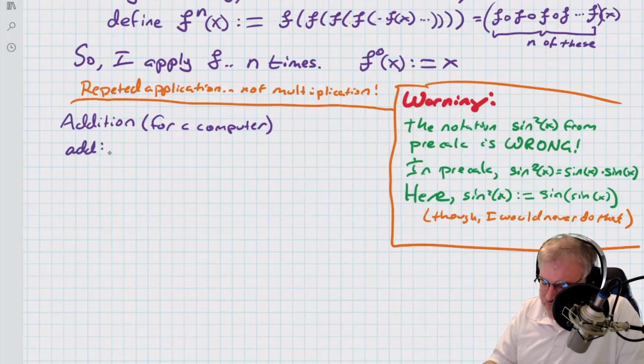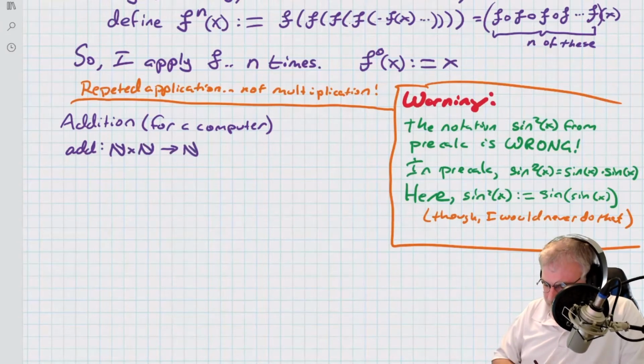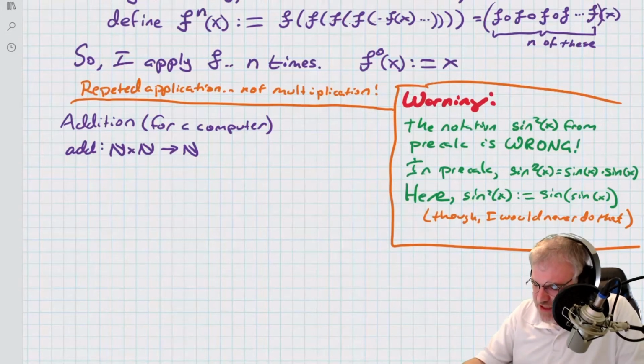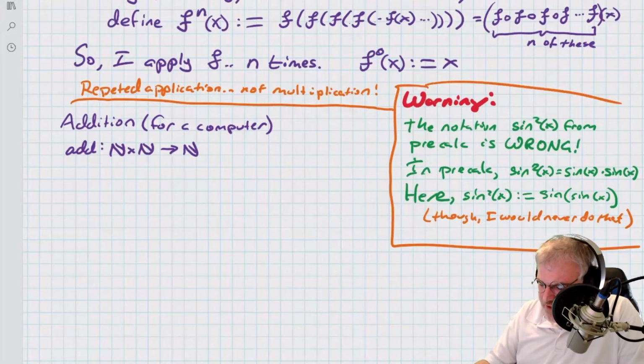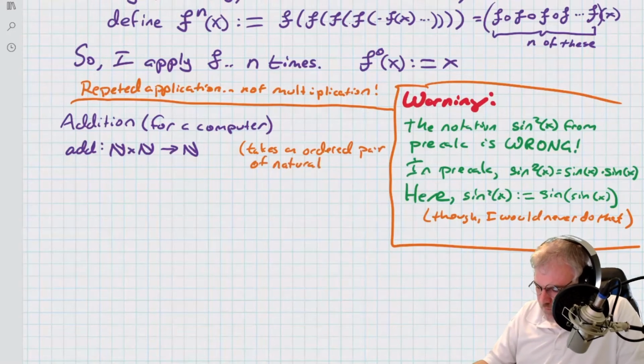And this is going to be a function from N cross N to N. This notation means that it takes an ordered pair of natural numbers and outputs a natural number.